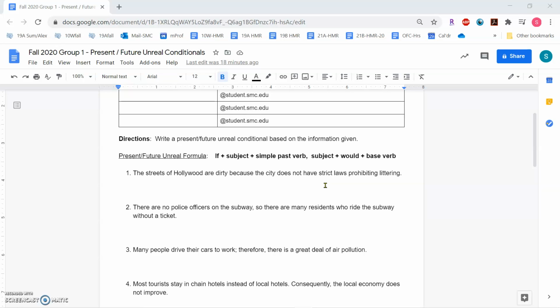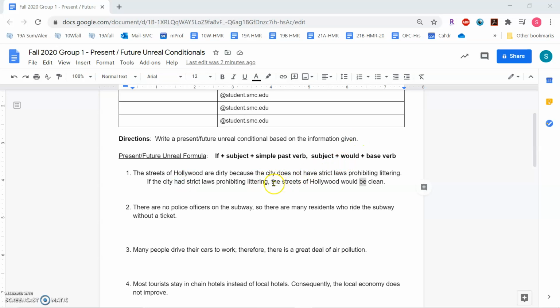So the opposite would be that they have strict laws. So remember, in the if clause, we want to use the simple past verb.